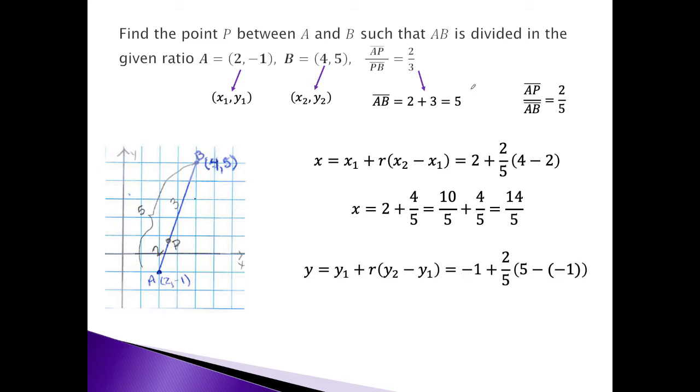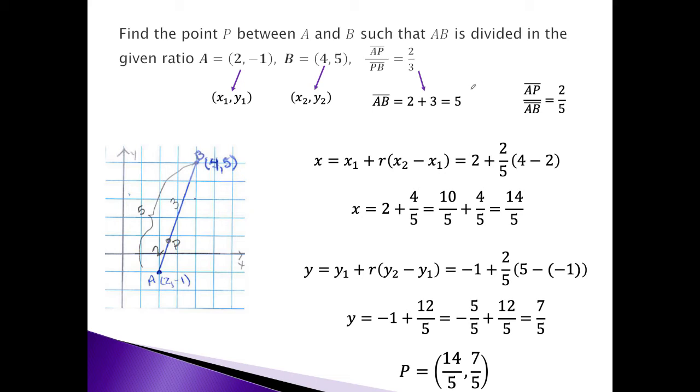Then doing the y, I have y equals y1 plus r times (y2 minus y1). Plugging my numbers in, I have negative 1 plus 2/5 times (5 minus a negative 1). Doing the arithmetic, I get y equals 7/5. P is (14/5, 7/5).